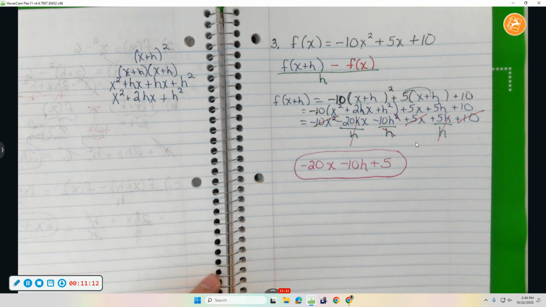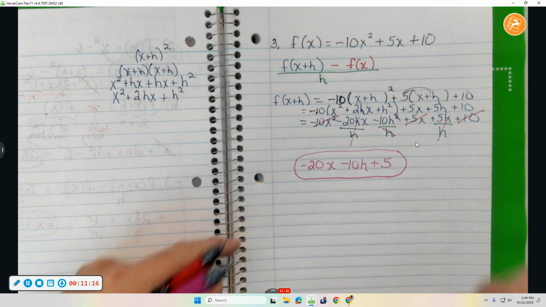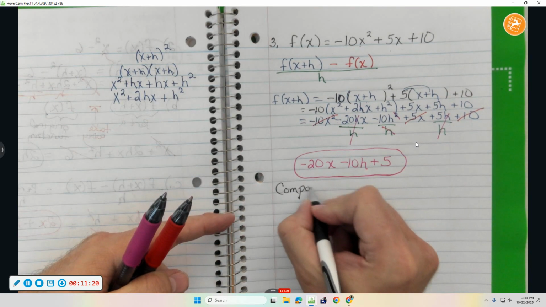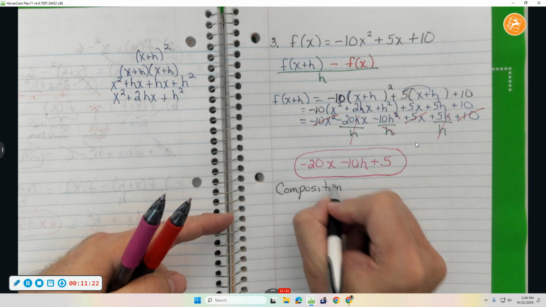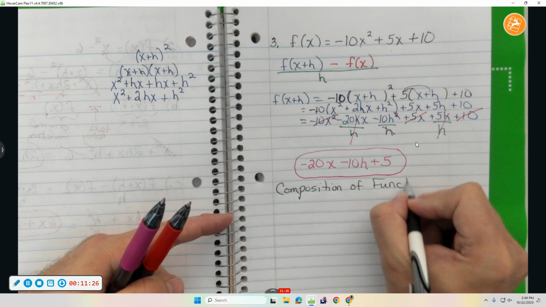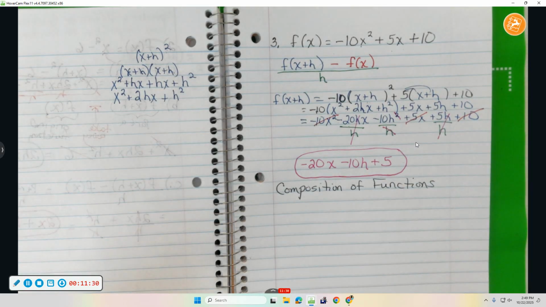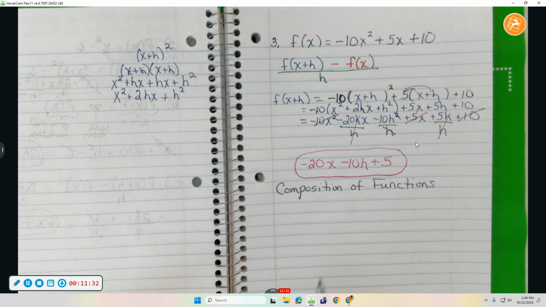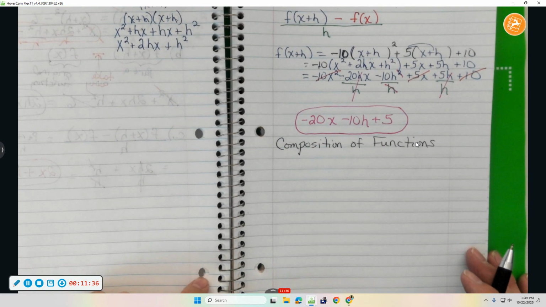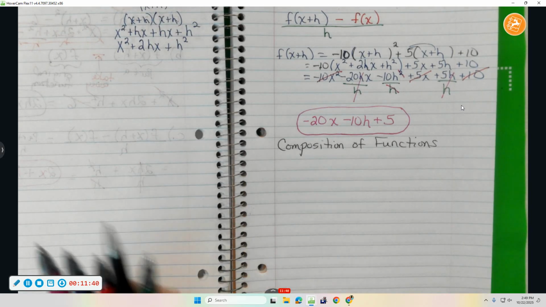And now we're going to start the final topic in this assignment, something called composition of functions. Now this is an operation, but it's not like addition, subtraction, multiplication, division. Those operations you can do just with numbers. That's how they originated. Composition of functions is an operation that's unique to functions.